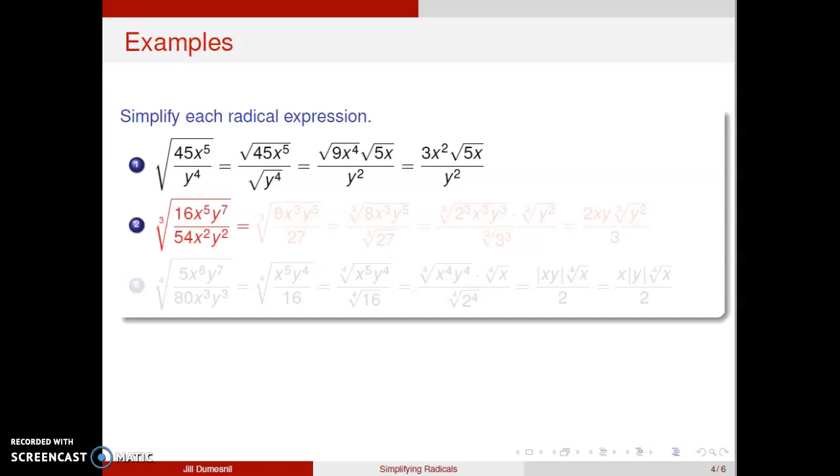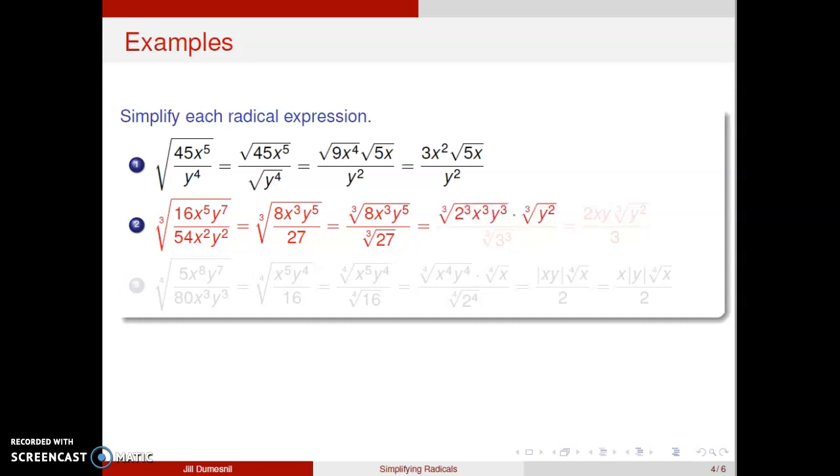Let's consider a second example with a cube root of a quotient. This time, the radicand can be simplified. Essentially, we can cancel 2x squared y squared from both the numerator and denominator. Now we apply the cube root to both numerator and denominator using the quotient rule for radicals.